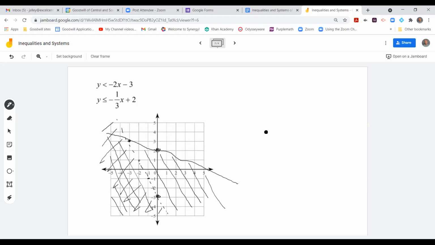Where they cross, the boxes that are created, that is the overlap area. Any area that's just got a single set of lines in it is not part of the solution for the system. It is a solution for one of the inequalities. But again, that doesn't matter because we're talking about a system. We got to have solutions that work for both. Questions, anybody?